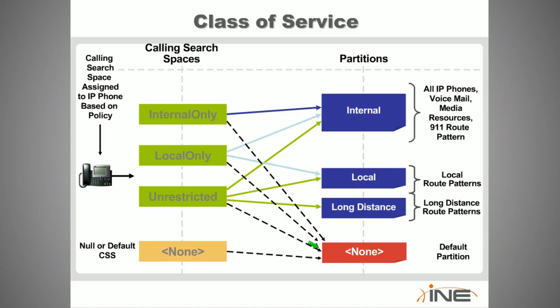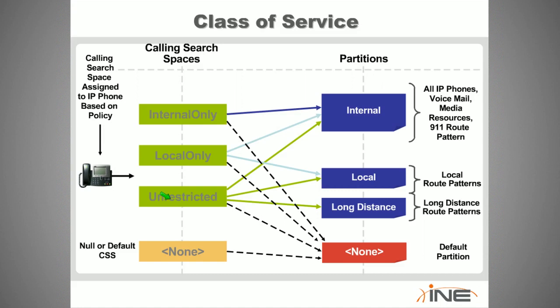However, all other CSSs that you ever configure all have the none partition. This is the same way that when we talked about media, if you watch that module, that the null media resource group list had the null media resource group, but then every other explicitly defined media resource group list had the null media resource group as well.